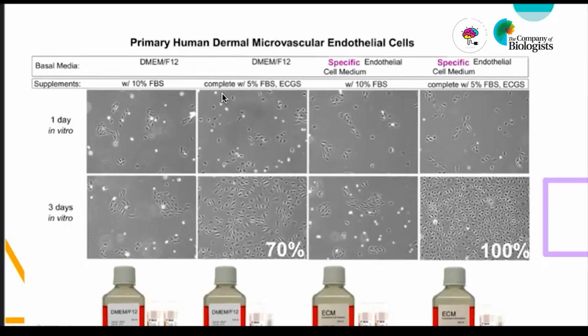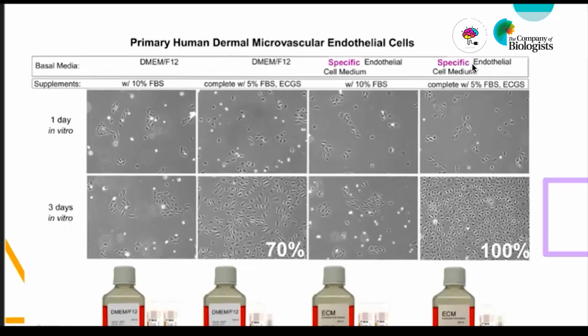In contrast, when we switched to a combination of 5% FBS and a specific growth factor supplement, cell proliferation increased markedly here and here.